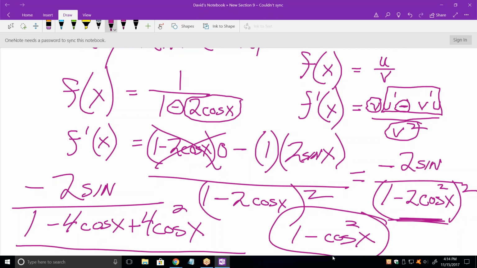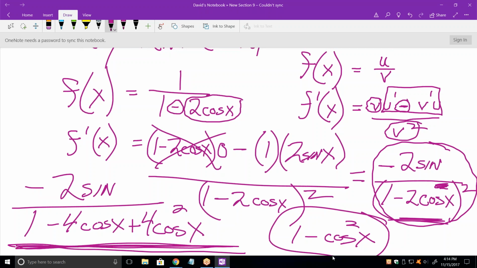Having the cosine of 2x, I would not be able to simplify it. Even if I could replace the bottom with cosine of 2x, it wouldn't help. And I can't because that's not squared. The square is outside the parentheses. So by the time I square this whole thing, I get this over here, and that doesn't allow me to simplify anything. So the better answer really is to leave it like this, what I have circled over here on the right.